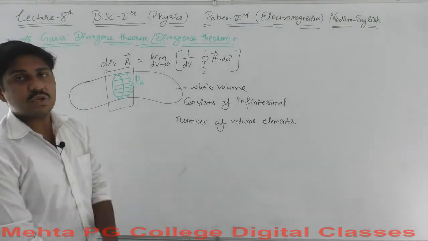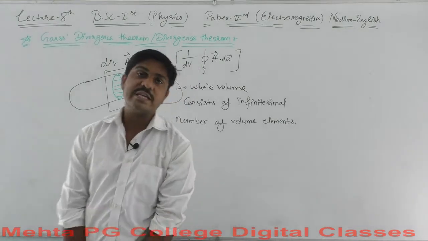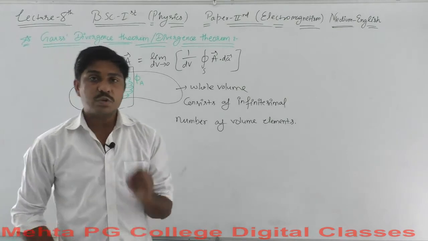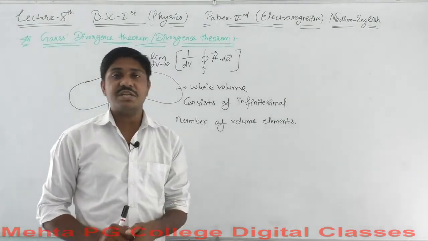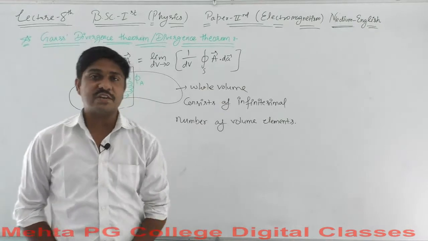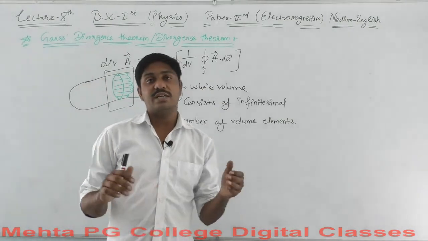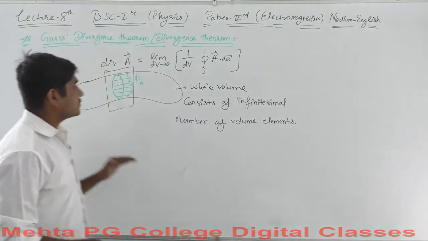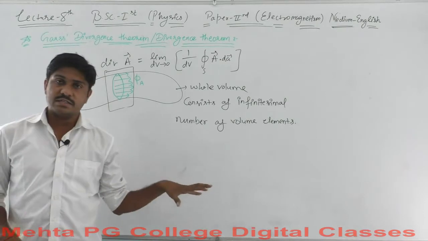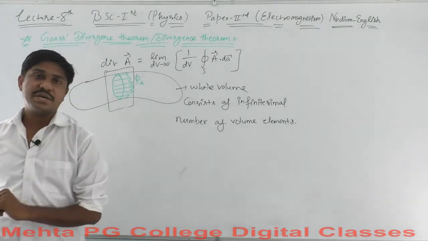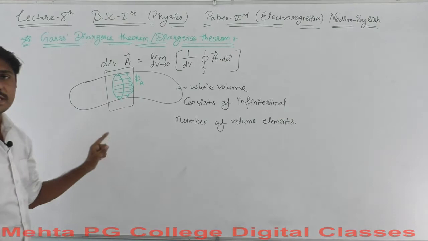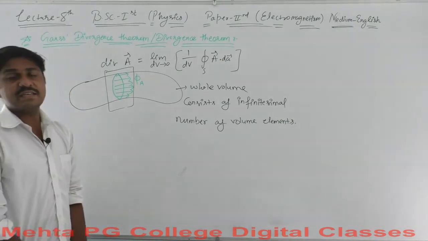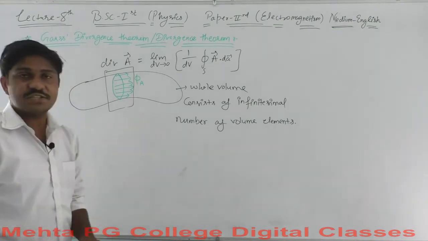Gauss's divergence theorem, or the divergence theorem, will give you a relation between the divergence of a field over a volume and the surface integration of the flux, that is, the volume integration of divergence. So it will be a relation here. This is the example we are discussing. Let's consider this is the surface area having the direction dS vector, and the vector field here is vector A, as discussed.